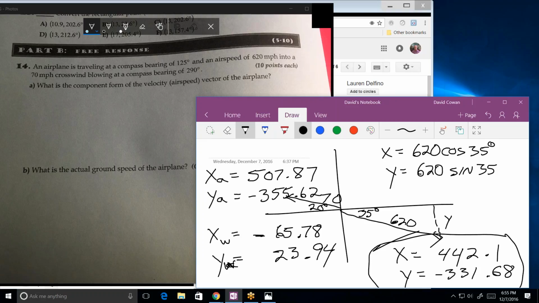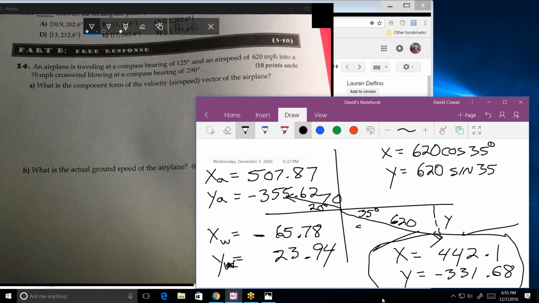In other words, you came up with the components of the airplane by itself, and then you came up with the components of the wind by itself, and then you combined their horizontal components and their vertical components to come up with the components of the airplane and the wind. And then to figure out the velocity, you just need to figure out the magnitude of that hypotenuse.